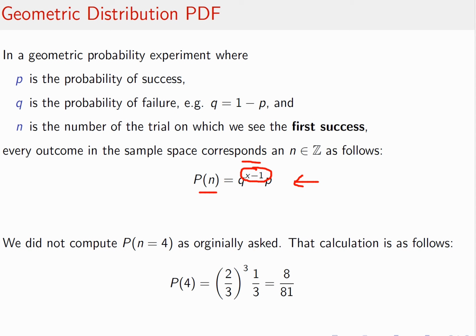But if I take the 4 minus 1, I do have an exponent of 3. 2/3 to the third times 1/3, that is 2 cubed in the numerator, and 3 to the fourth power. 3 times 3 is 9, times 3 is 27, times 3 again is 81. So 8 over 81 is the correct value of that probability.